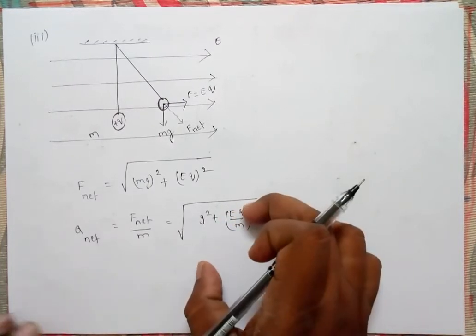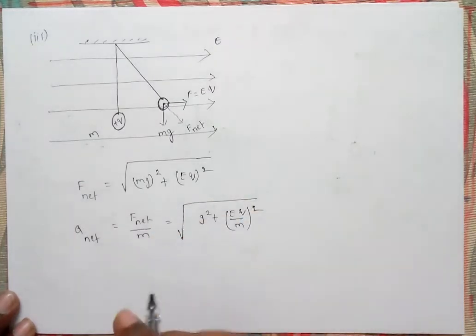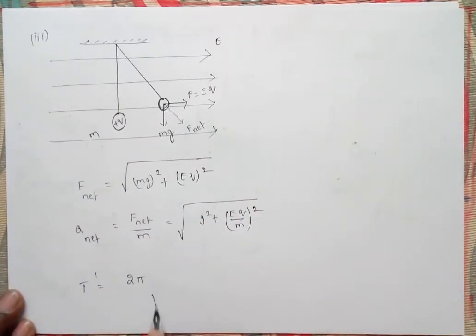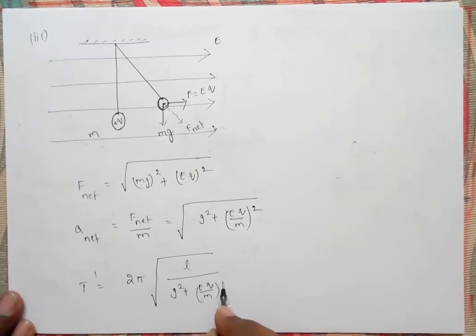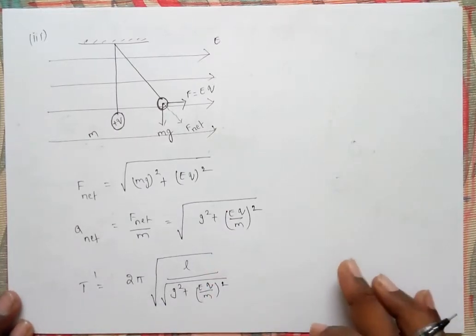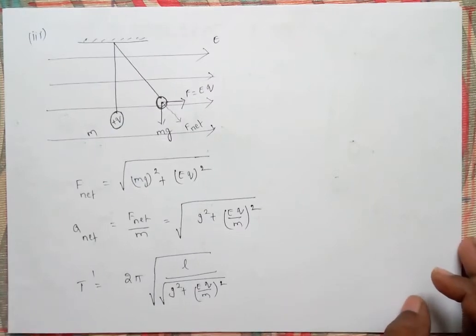So this is the net acceleration down, the net acceleration experienced by the charged particle. Now the new time period T dash equals 2 pi into root over L by the net acceleration, which is under root of g square plus (EQ by m) whole square. So this is the new time period when the electric field is along the right side horizontally.